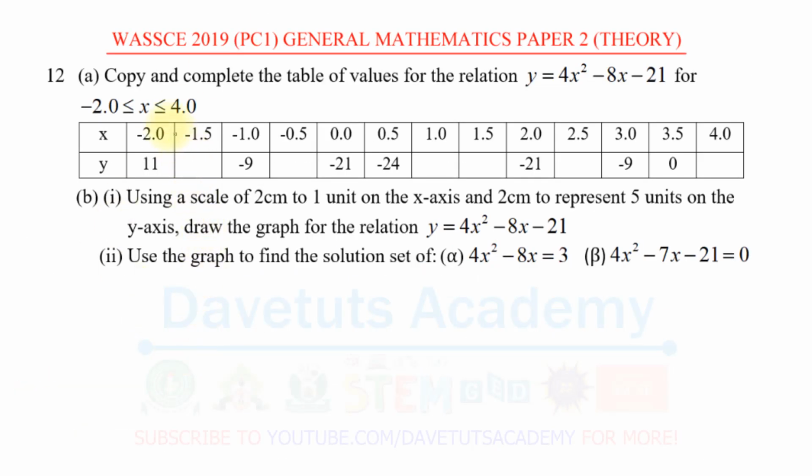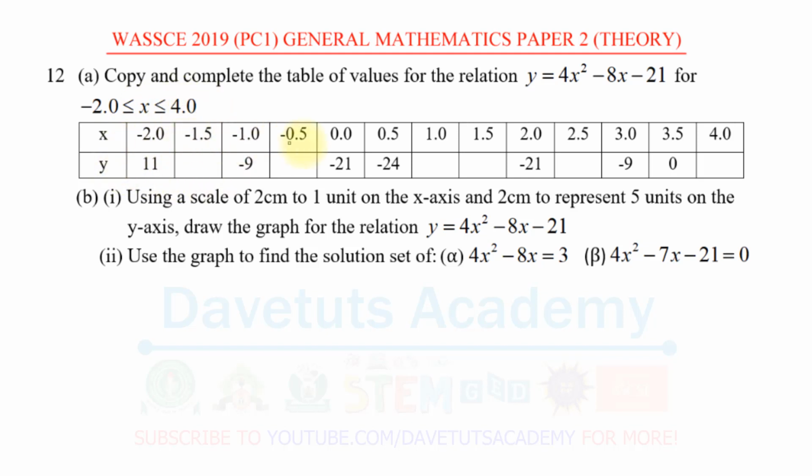Here in this question, we're told to copy and complete the table of values for the relation y is equal to 4x squared minus 8x minus 21 for values of x ranging from minus 2.0 to 4.0. That's the meaning of this inequality expression, that minus 2.0 is less than or equal to x, and x is less than or equal to 4.0.